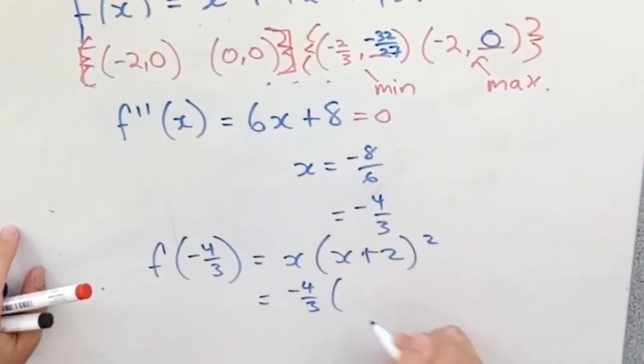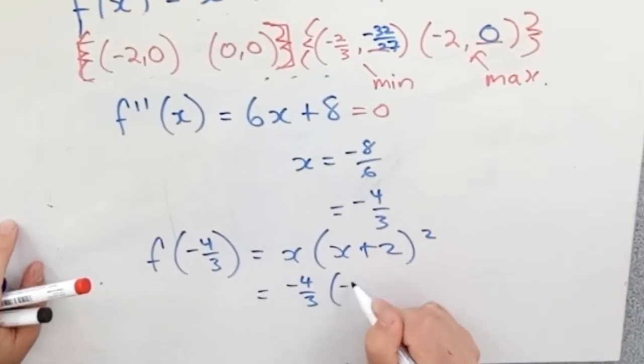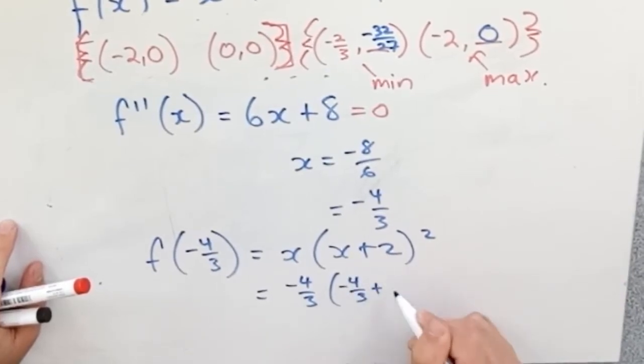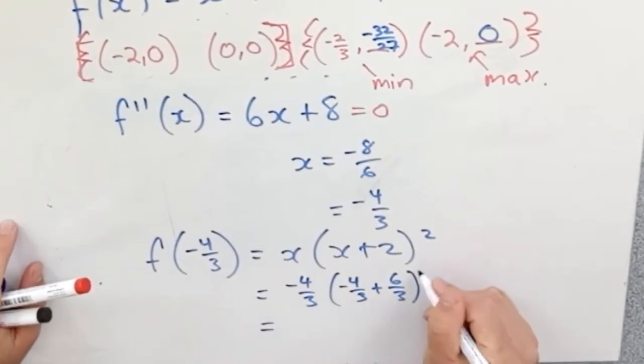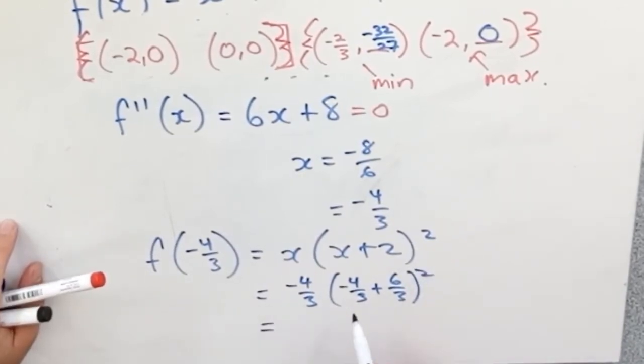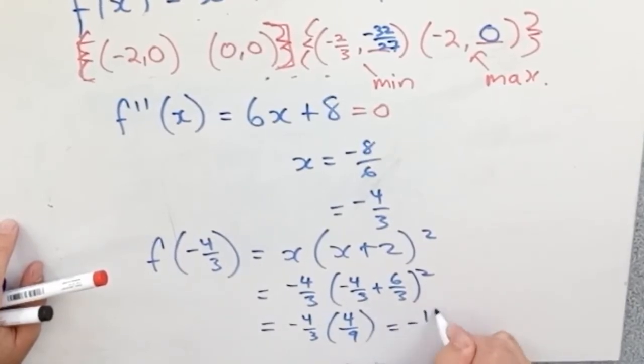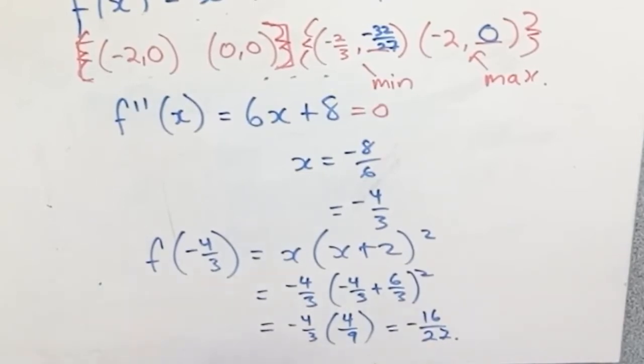And we get, what do we get here? Negative 4/3 plus 2, which is 6/3. I've got to square it. Don't forget to square it. What's that? 2/3 squared, so negative 4/3, 4 on 9 equals negative 16 on 27. Okay, negative 16 on 27.